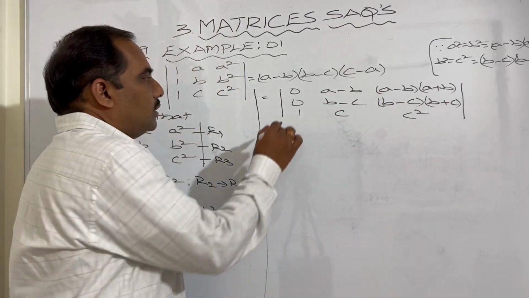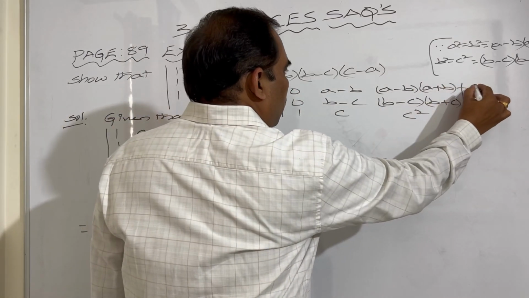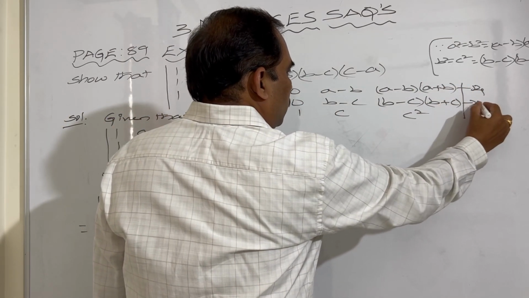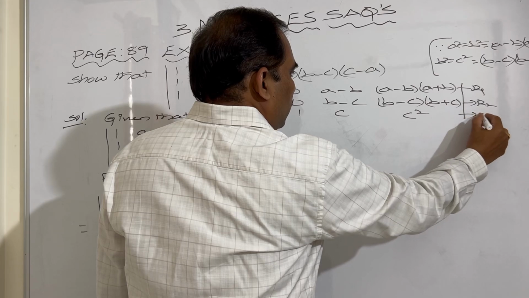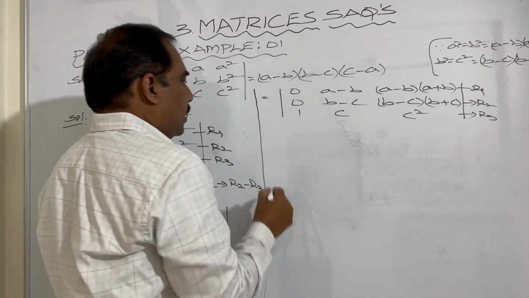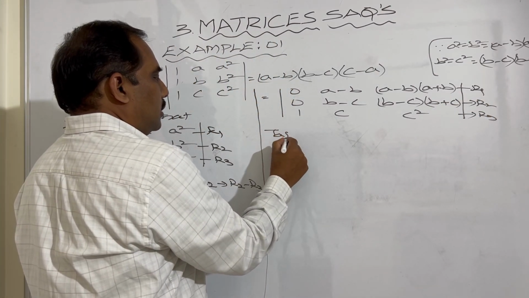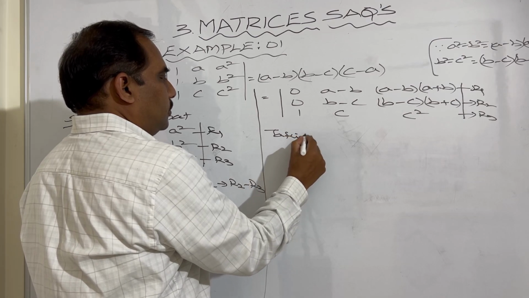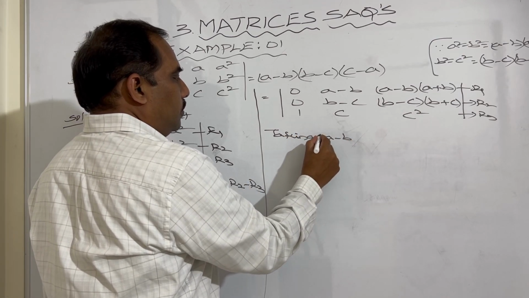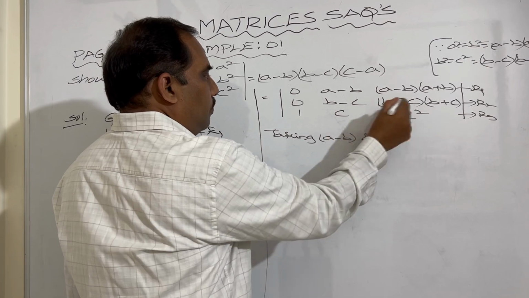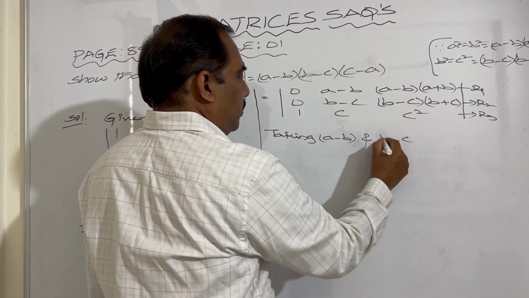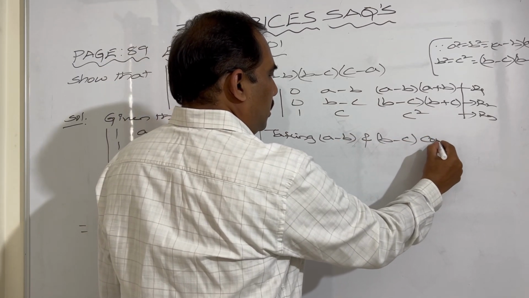Now if you observe, this is R1, this is R2, and this is R3. What I am doing is taking a minus b and b minus c common.